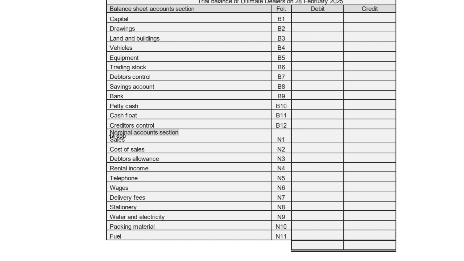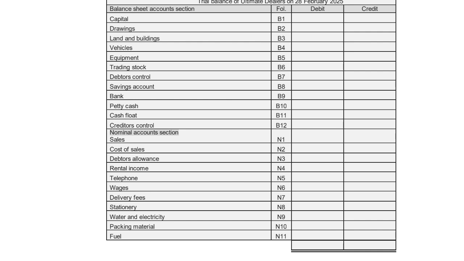What's very important about your trial balance, your debit column and your credit column must equal. If it's not equal, then you made a mistake somewhere in either one of your journals, one of your ledgers, subsidiary ledgers, because it has to balance. The accounting principle says that the debit side must balance to the credit side.